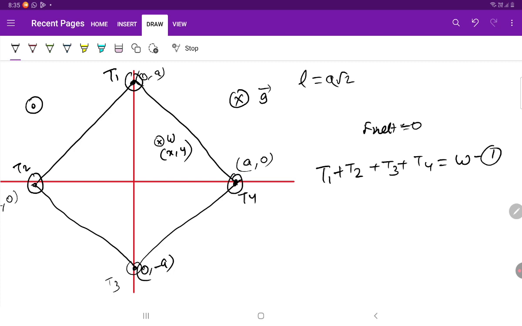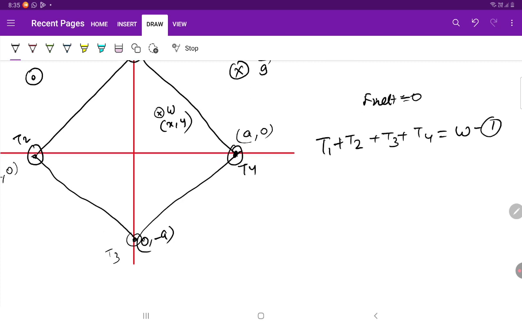Now, writing the torque equation about the y-axis, I will get T2 into A, plus W into X is equal to T4 into A. So T4 minus T2 is equal to Wx by A.